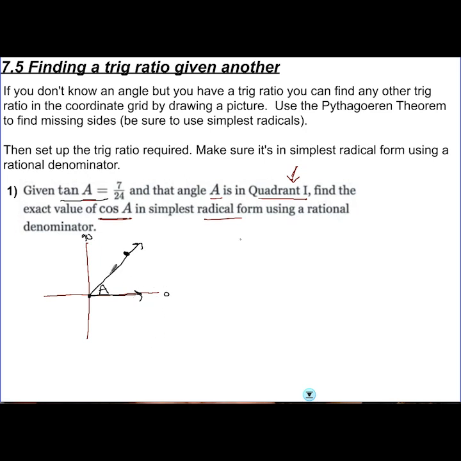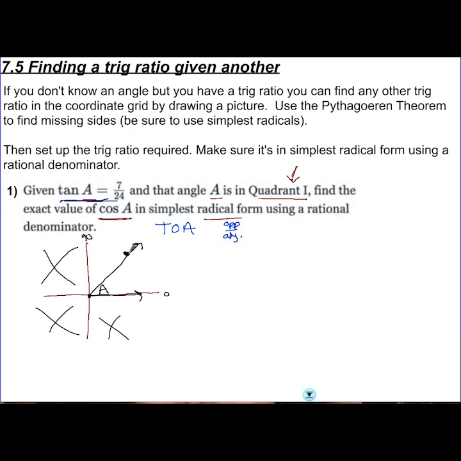What we're going to then have you do is, so we're not going to be looking at any rotations here for this particular problem. What I want you to do is I want you to think about that if tangent of this angle is 7/24, and we remember that tangent is TOA, which means the opposite over the adjacent.